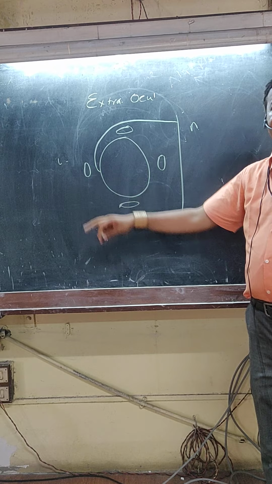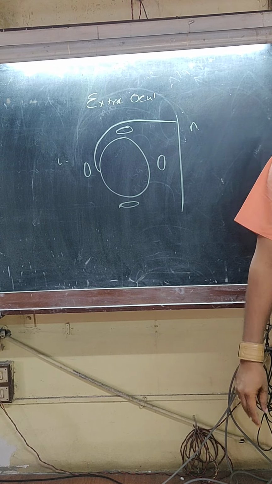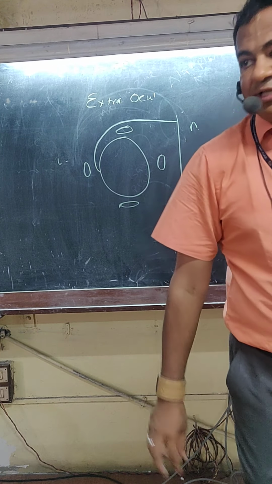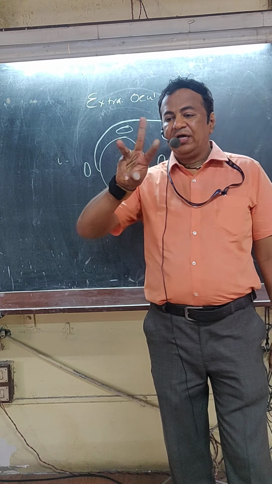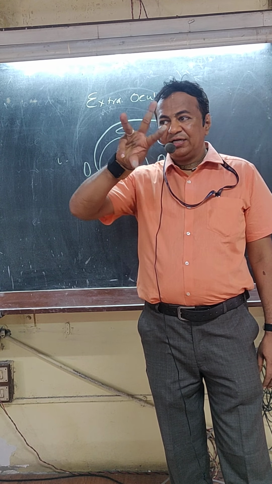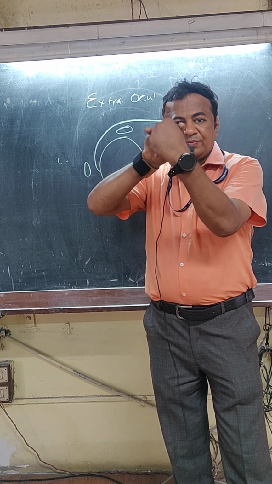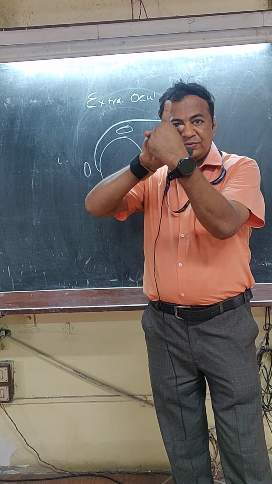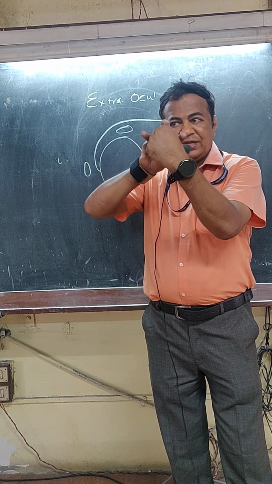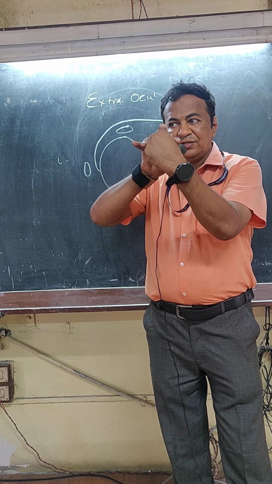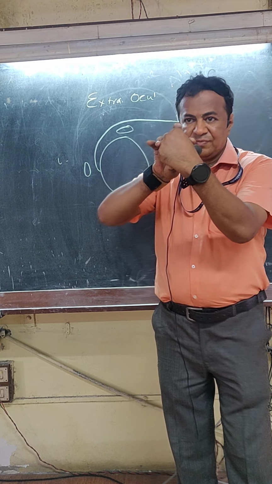Firstly, there are four muscles which are straight, called recti. They are superior rectus, medial rectus, lateral rectus, and inferior rectus. And here is the eyeball.